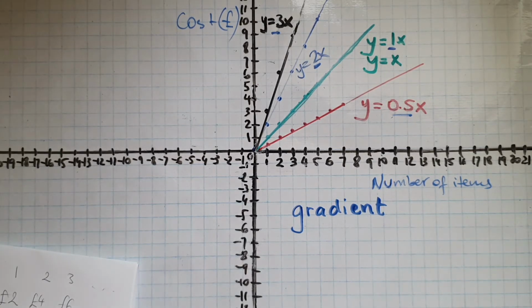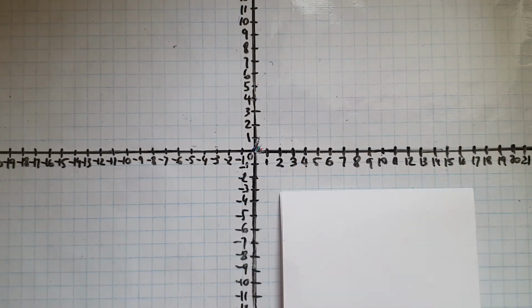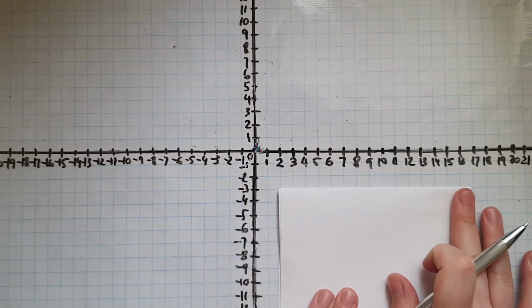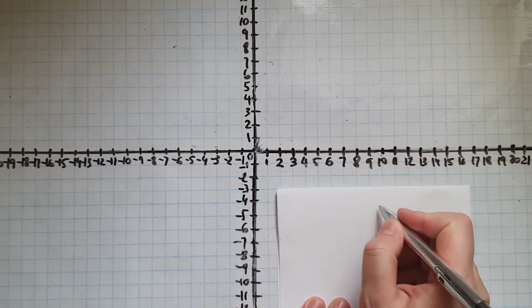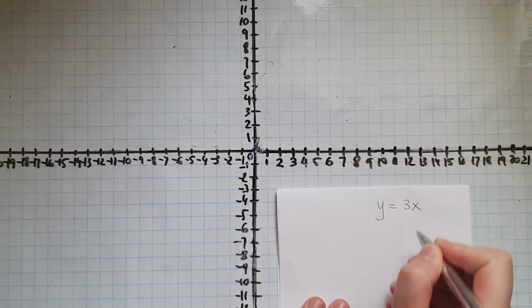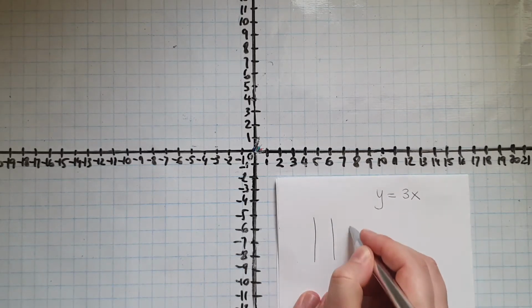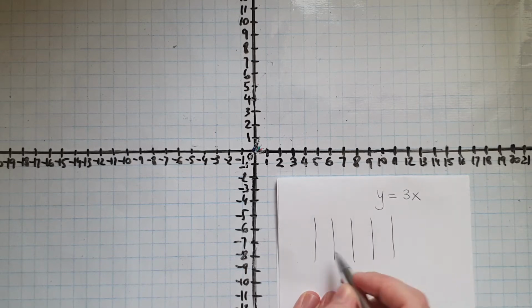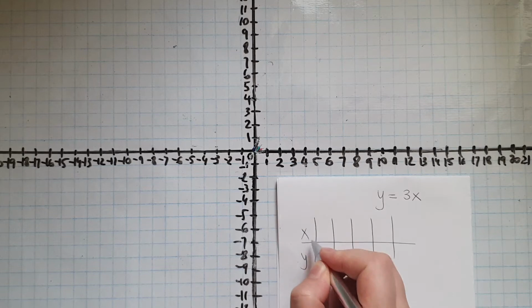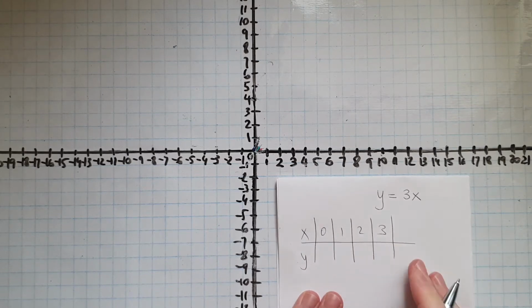So let's have a look at a few more examples. So we're given the line y equals 3x. We've got to find the values of y for when x is equal to 0, 1, 2, and 3.